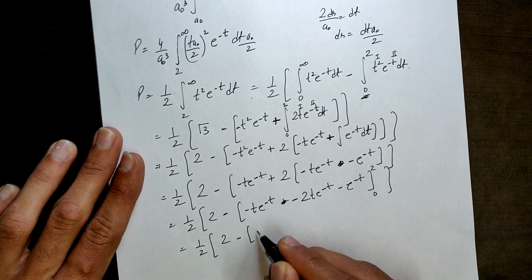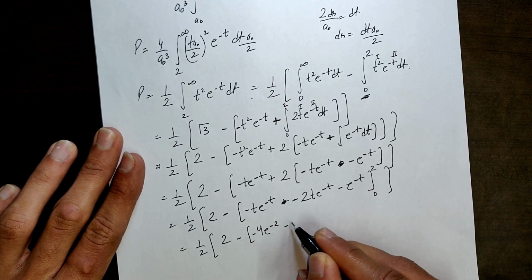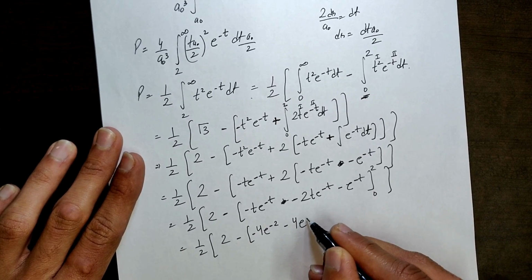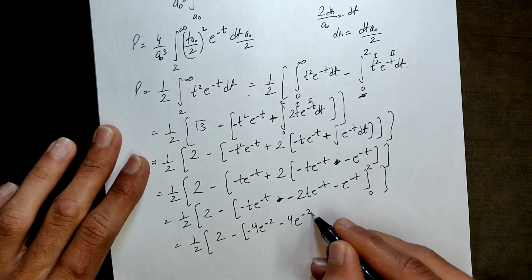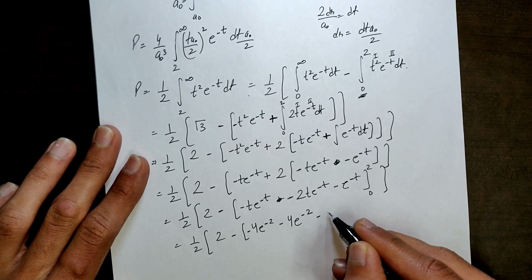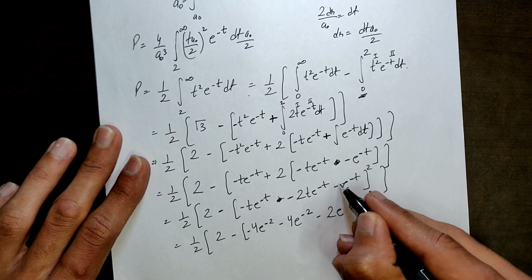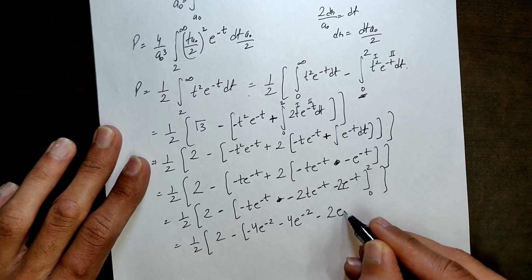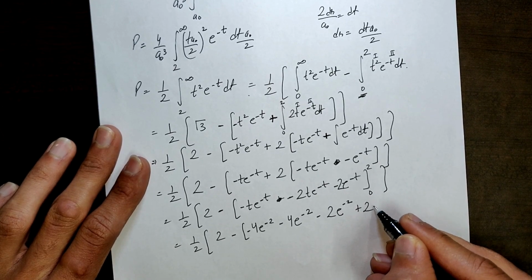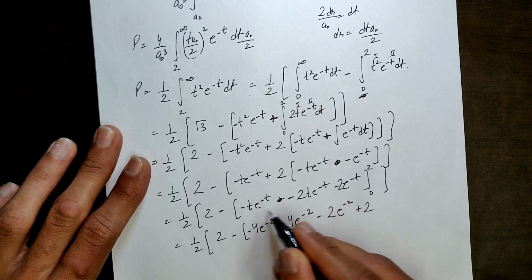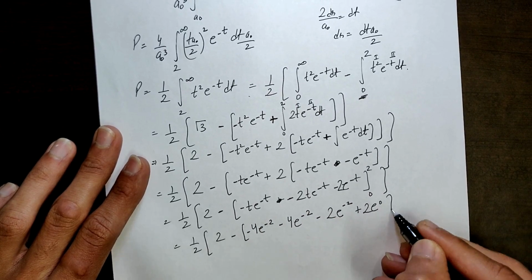That will be 4 minus 4 e raised to power minus 2, that will be 2 to power minus 2 plus, when we put 0, this and this term would be 0 and this would give e raised to power 0.